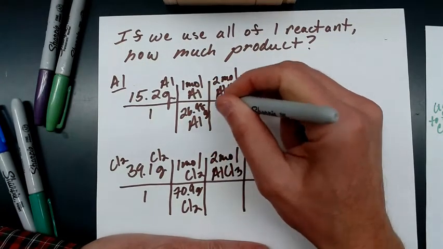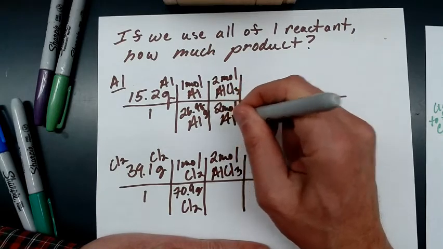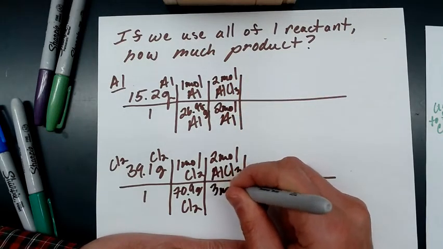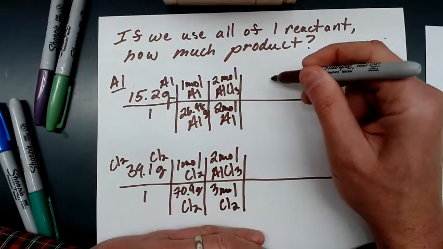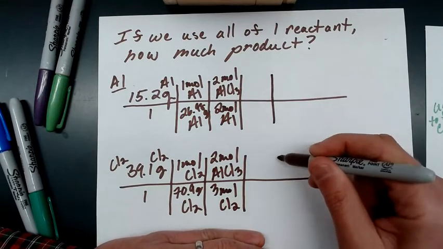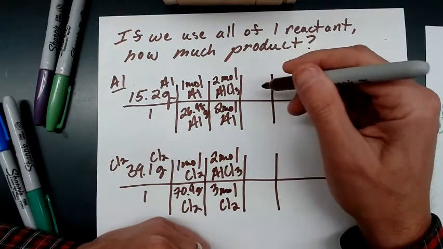The relationship is 2-to-2 for aluminum, but for this one it is 3 moles of Cl2. Then one final thing is our molar mass, which we haven't seen yet: the molar mass of aluminum chloride.